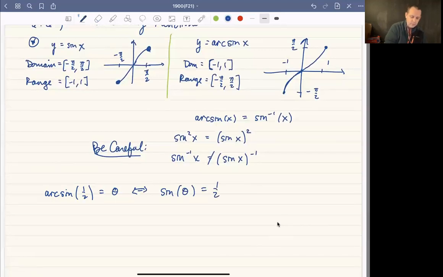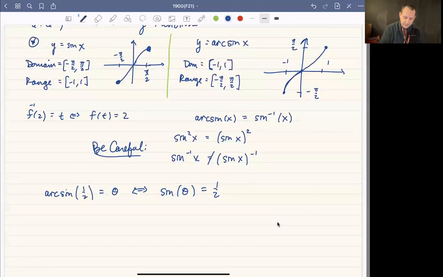This is very much like when you have f inverse of some value 2 being equal to t, that's the same as saying f of t equals 2. We're doing exactly that thing, just with arcsine, and sine is our original function. So arcsine is our inverse, sine is the original. So arcsine of 1/2 is going to be theta if and only if sine of theta is 1/2. And then we need to think about what's the angle theta that we can plug into sine to get 1/2.